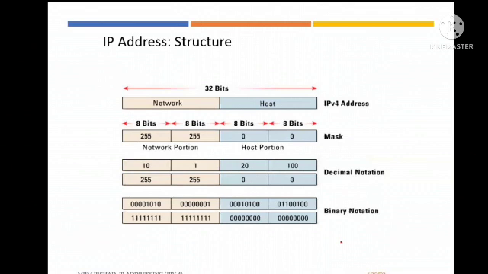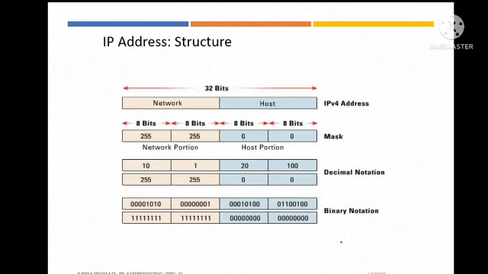So this is the basic structure of an IP address. Once again, to remind you, look at IP version 4: you have 32 bits. Basically, you can divide the octets into network and host.